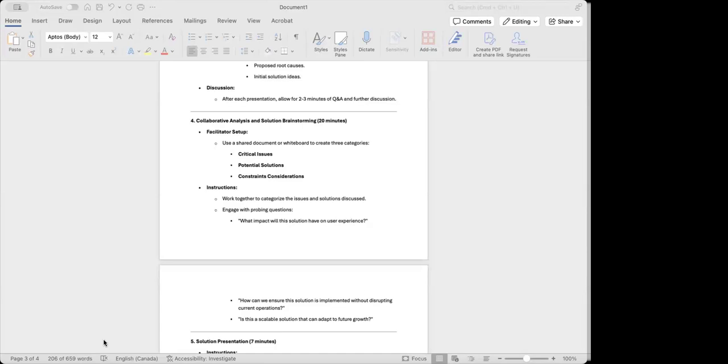How can we ensure this solution is implemented without disrupting current operations? For that one, I think since there are performance issues, there could be some form of weekly, bi-weekly or monthly breaks within the system to upgrade or redesign it, as Anita was saying.